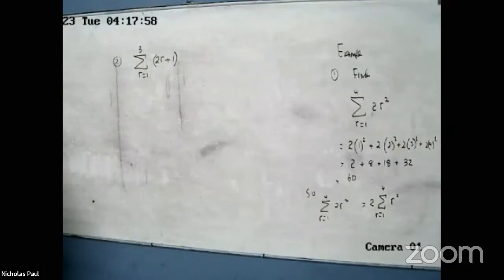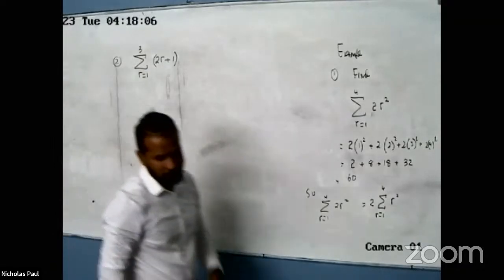Try this here. Summation of r going from 1 to 3 of 2r plus 1.